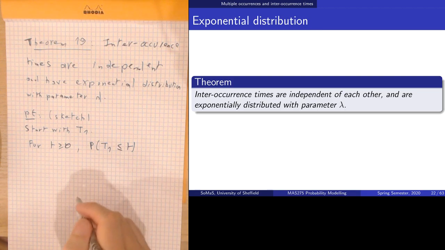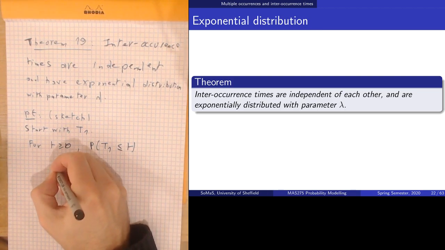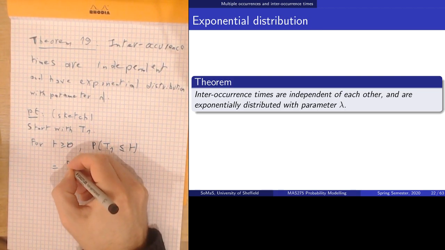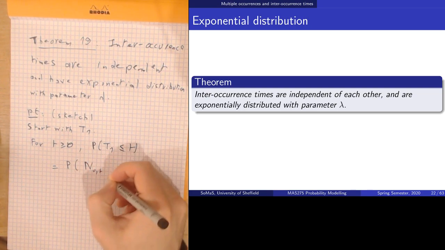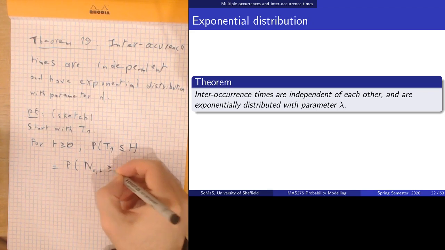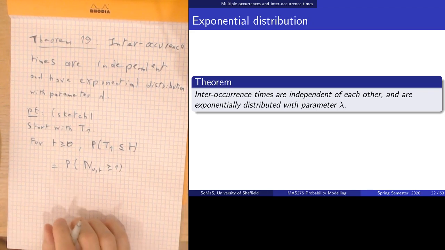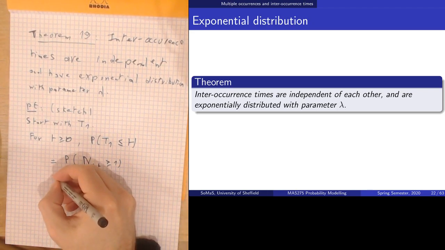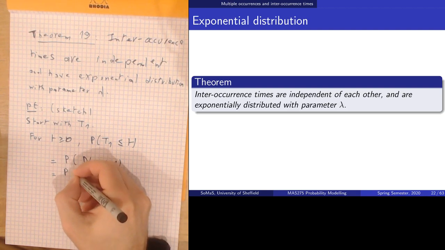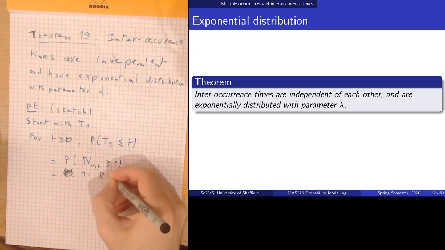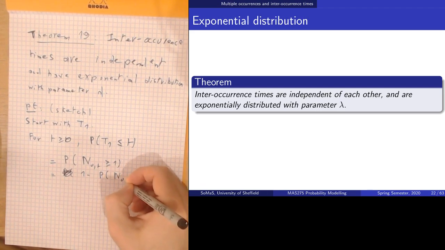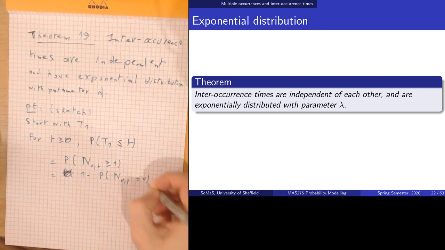So this is equal to the probability that N_0t is bigger than or equal to 1.